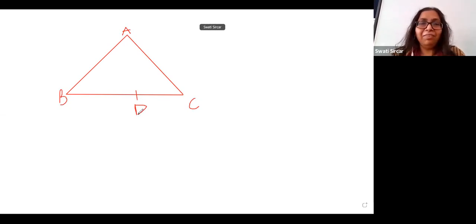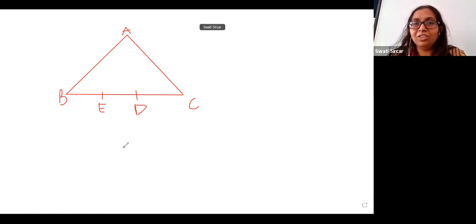Now, if we can add one vertex here, we can definitely add another vertex here and call it A, B, E, D, C, right? And this way we can add infinitely many vertices. So it becomes very difficult to distinguish between triangles and quadrilaterals and pentagons and hexagons and heptagons and everything.